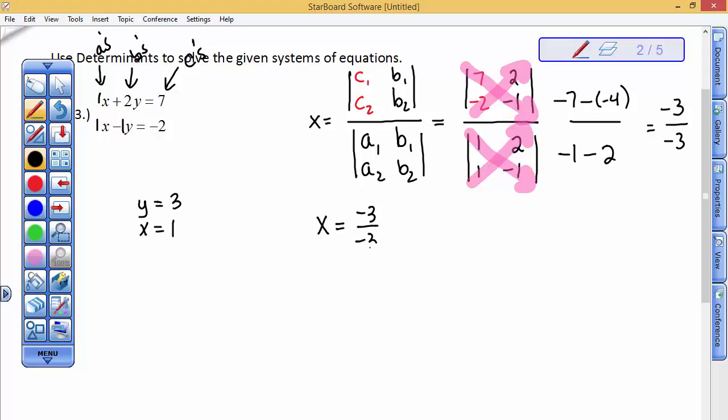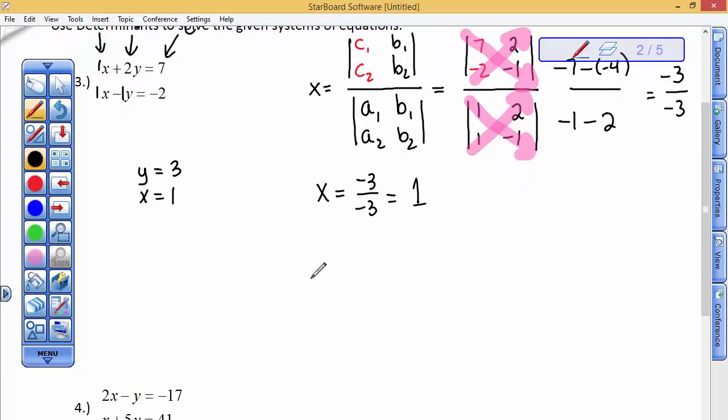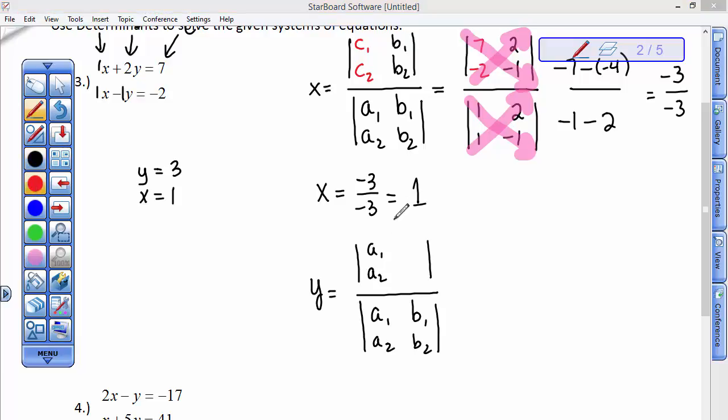I could now just take that answer and put it back into one of these to solve for y, but I want you to know that Cramer determined that y can be found by having the same denominator, a1, a2, b1, b2. But when solving for y, the first column comes up and the second column is the constants. So I don't need to do the calculation for this denominator. It's the same as it was before. But the numerator, I'll put in my a values, which are 1 and 1.